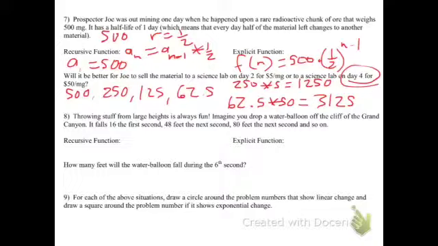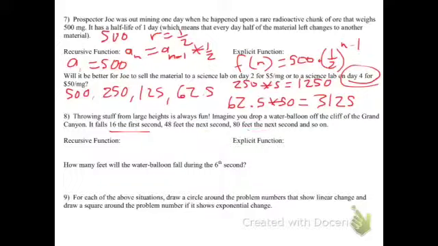Okay, number 8, throwing stuff off of large heights. So this is the speed of an object: it goes faster the longer it falls until it reaches terminal velocity. That's just gravity. And so this one's increasing here.